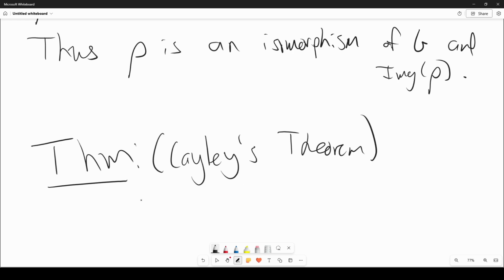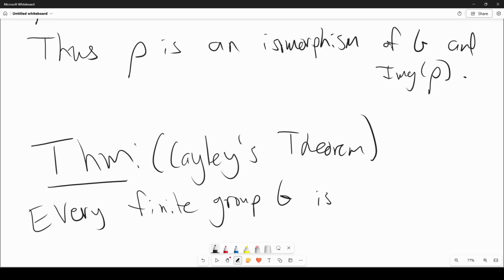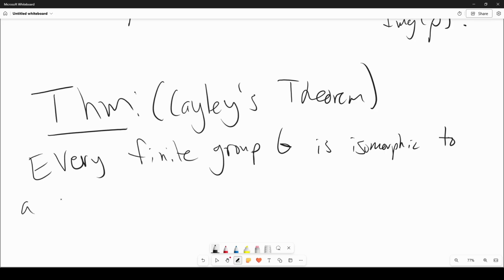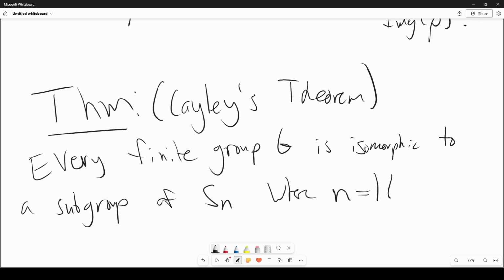Which says, at least how I'm going to write it, you can generalize this, but we're going to stick with just finite groups: every finite group G is isomorphic to a subgroup of S_n, where n is the size of G. Okay, let's prove this.